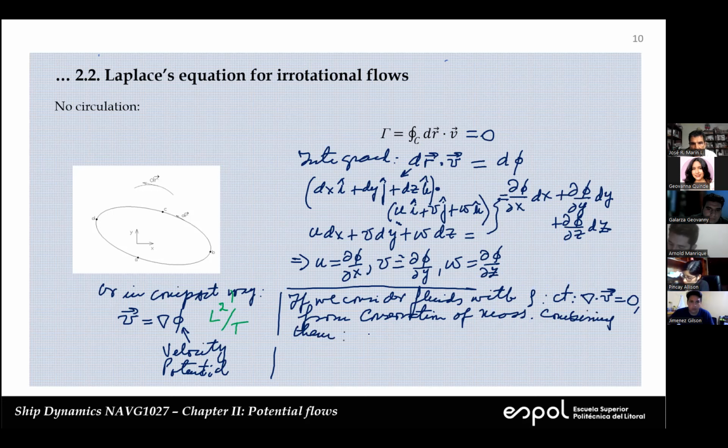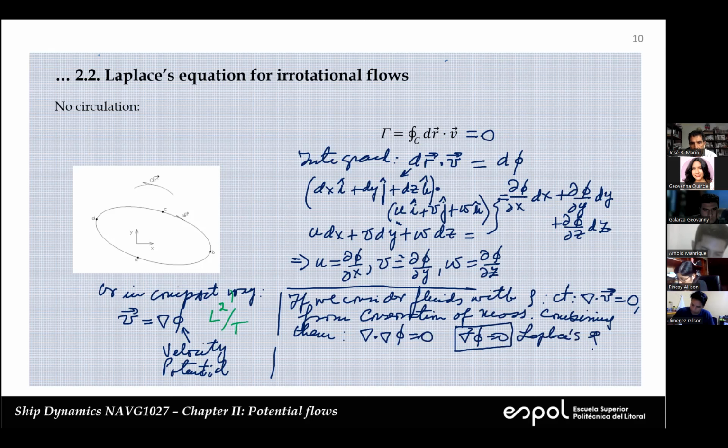We have nabla dot nabla phi. It has to be equal to 0. And this is Laplace's equation. It's a second order differential equation, so we need to specify one boundary condition in every point along the boundaries.